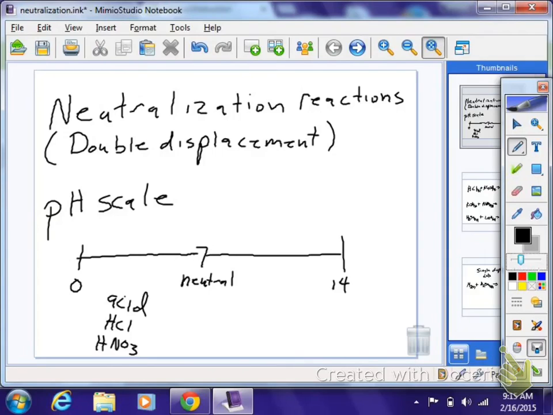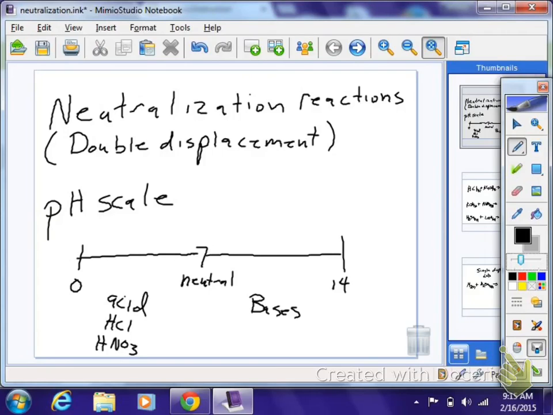On the right side, we have things that, if they're above 7 on the pH probe, it reads that. Then those are called bases. A common acid would be vinegar, lemon juice. Anything that's sour tasting, a fruit that's sour tasting, citric acid, it's an acid.